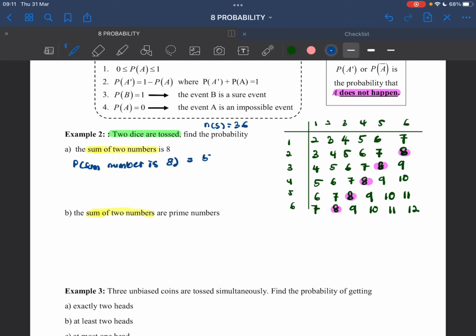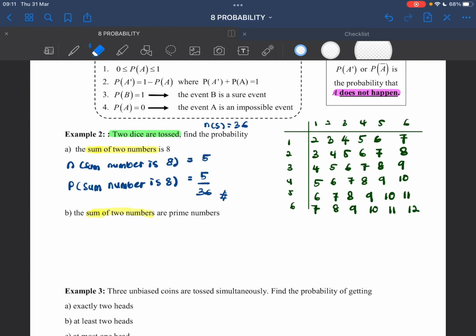The formula is N(A) over N(S). Our N(A) is 5, our N(S) is 36. Make sure to simplify if you can. Alright, that's it.